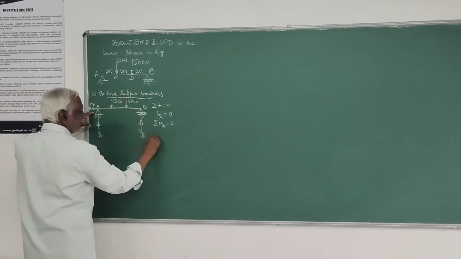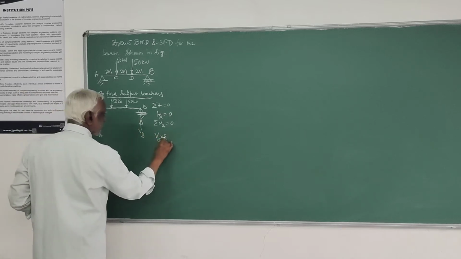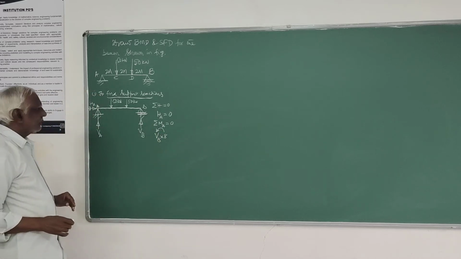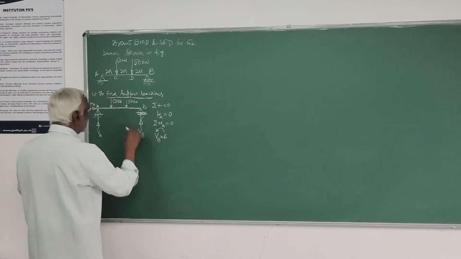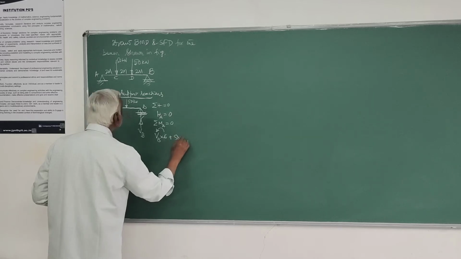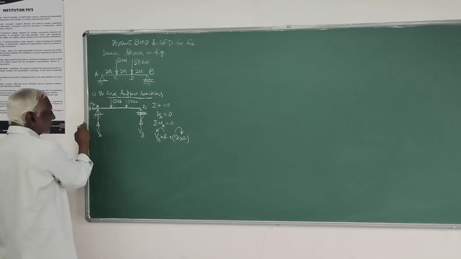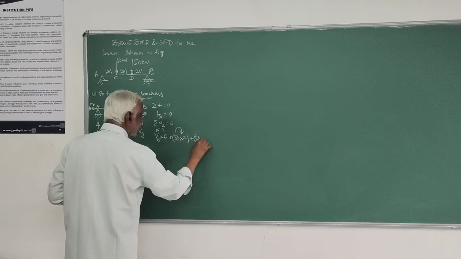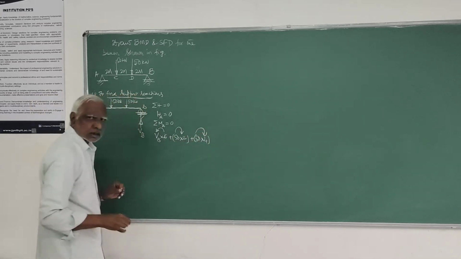Then VB into this distance, 6 meters, not 8 meters, 6 meters, gives an anticlockwise moment. Then the first load, 50 into 2 meters, is in the clockwise direction. Then 50 plus 50 into 4 meters is also clockwise.